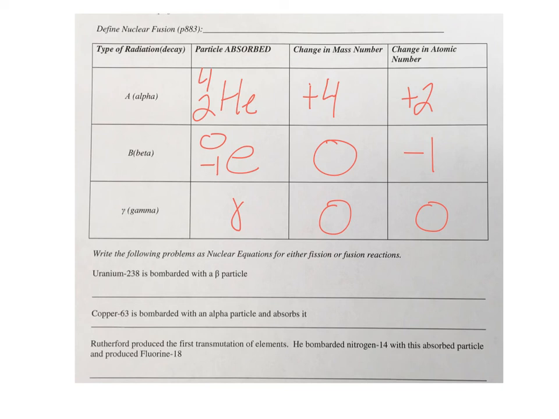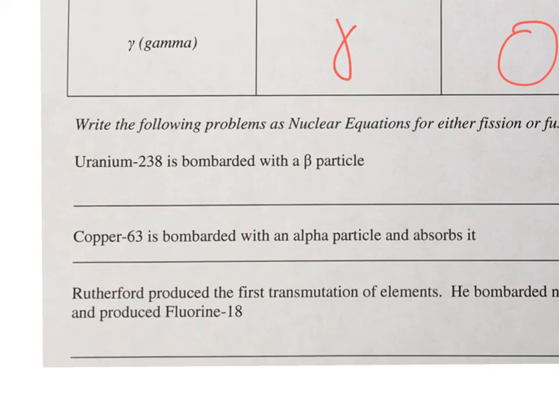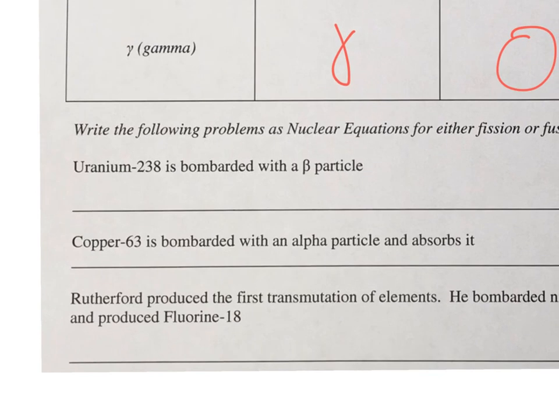So for these next problems, you are challenged to write out the math statement based on the sentence. For example, you've been told uranium-238 is bombarded with a beta particle. So let's draw it out like it's a math equation. In this case, I'll write the isotope symbol for uranium.